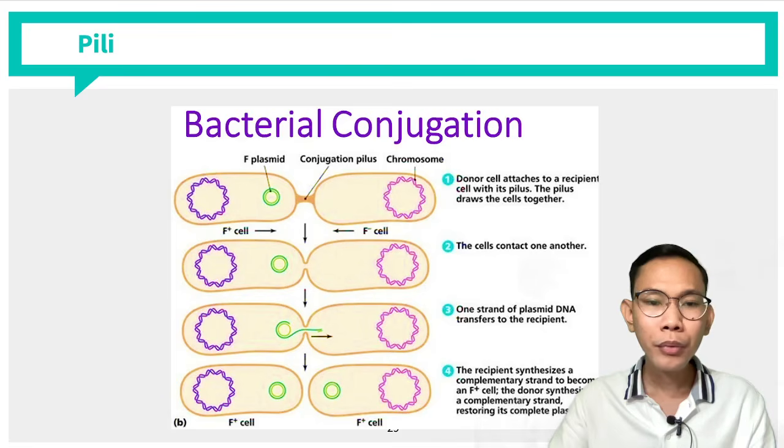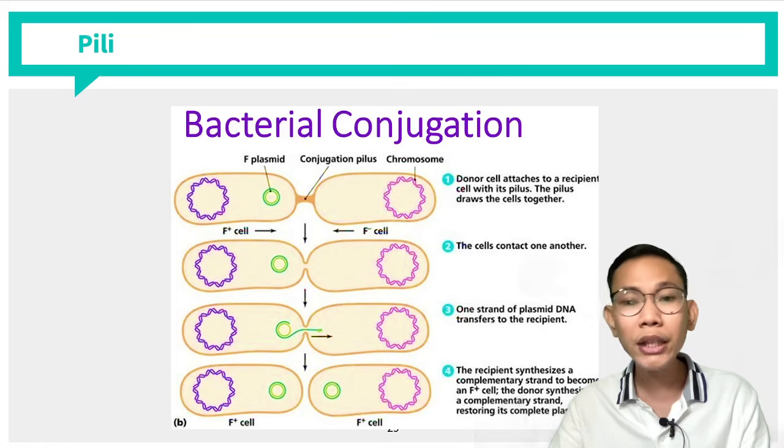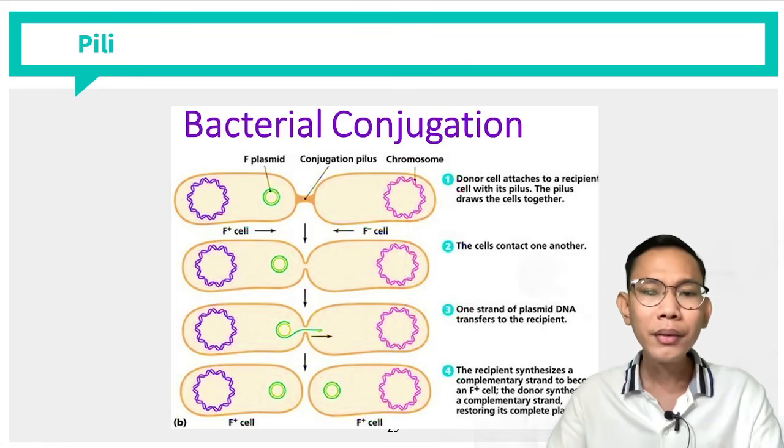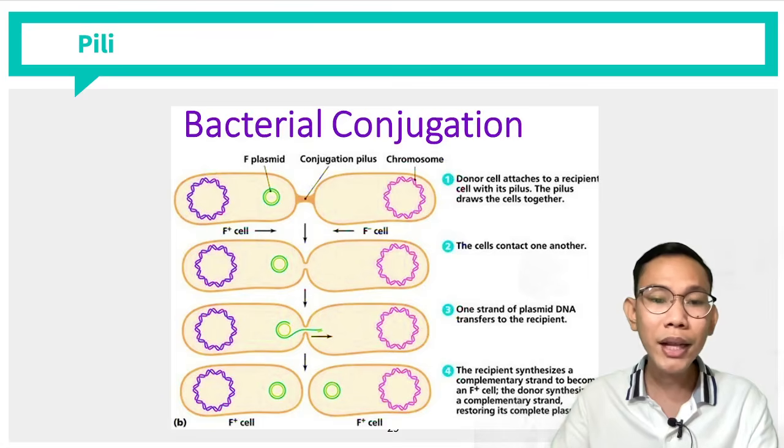For example, this donor cell, kaya tinatawag natin F-positive donor cell, has a specific characteristic that you want to transfer to another cell. For example, this plasmid contains your antibiotic resistance ability.